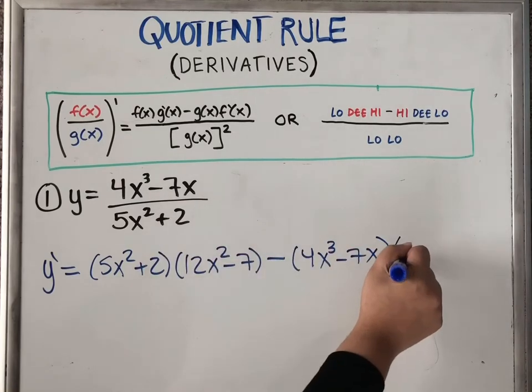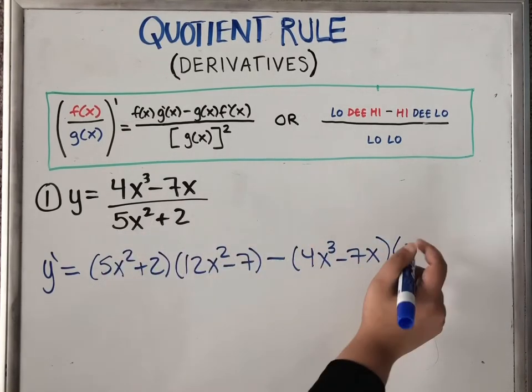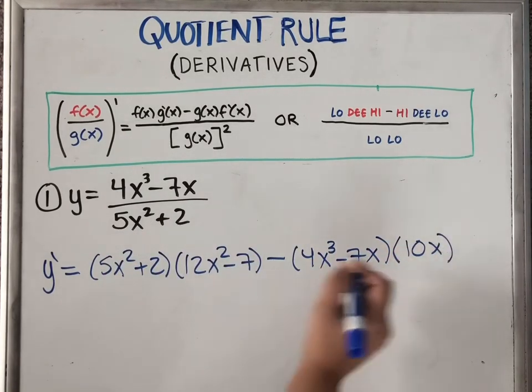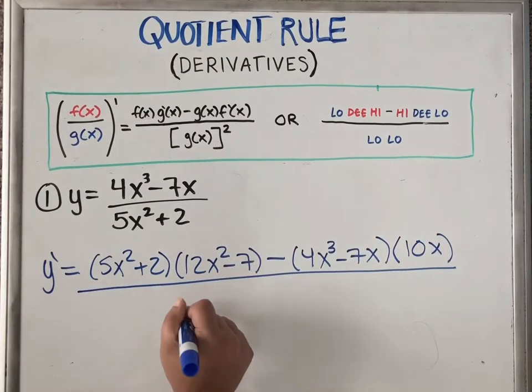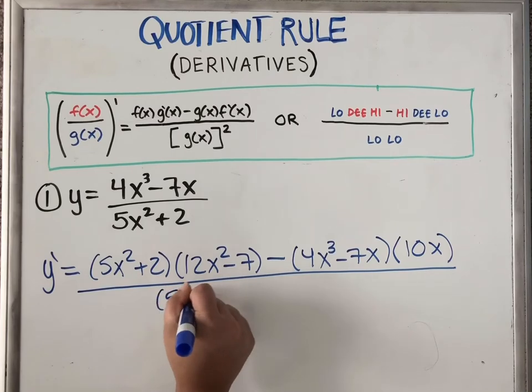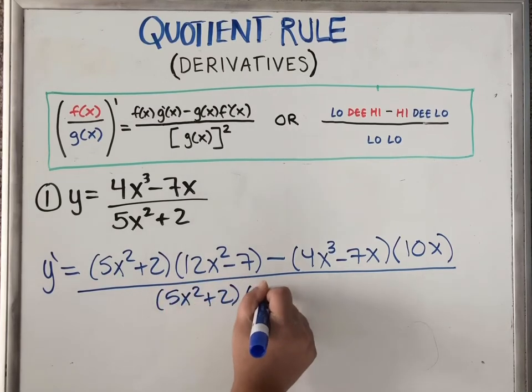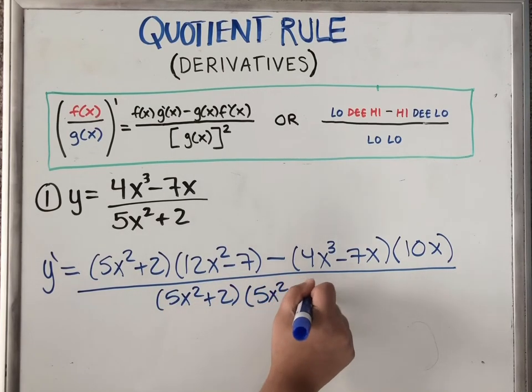So the derivative of the bottom just gives us 10x, right? And that's going to be all over low times low, which is going to give us 5x squared plus 2 times 5x squared plus 2.